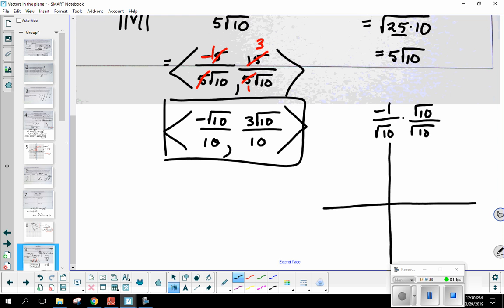So whatever vector V looks like, it goes over like this, right? There's V. So what we just found right here is the component form of a vector that goes the exact same direction, but it's how long? Just 1 unit. So it's like a baby vector.